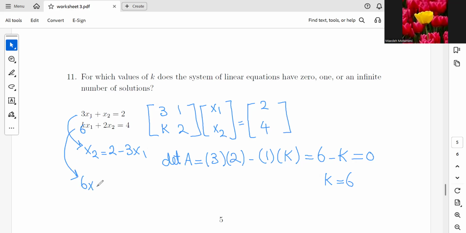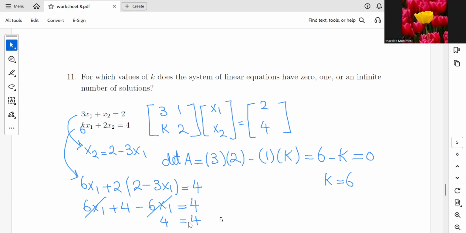That would be 6x sub 1 plus 2 times, instead of x sub 2, we would write 2 minus 3x sub 1 equals 4. 6x sub 1 plus 4 minus 6x sub 1 is equal to 4. So the left side is going to be 4 and the right side is going to be 4 as well. So this is a correct equation. It means that you have many solutions, an infinite number of solutions when k is 6.